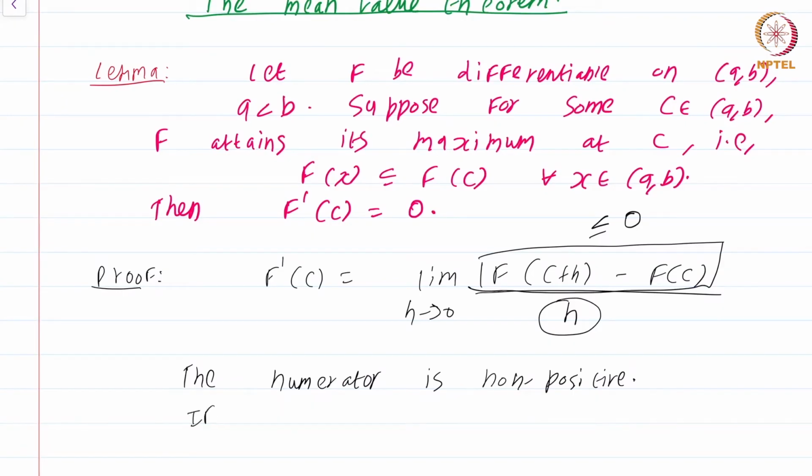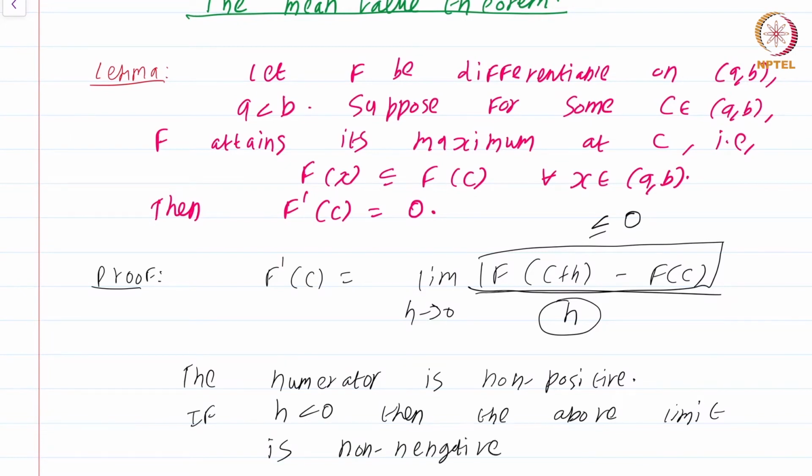So if h is less than 0, then the above quotient is non-negative, because the numerator is non-positive and the denominator is negative.